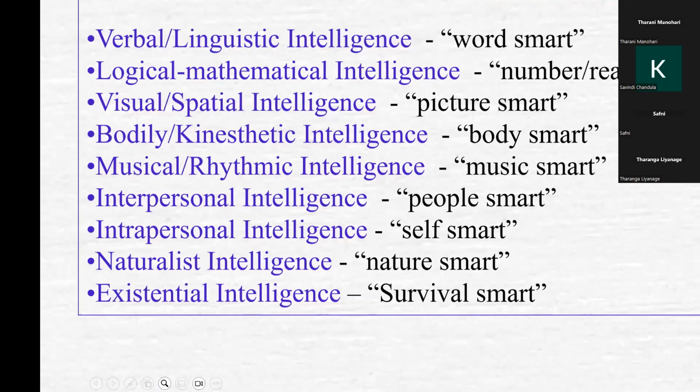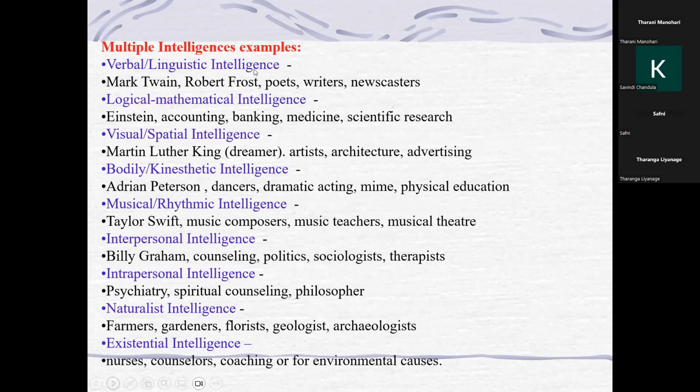So examples, verbal linguistic intelligence, right? Those who can write well, they have the linguistic intelligence. Logical mathematical intelligence, people like Einstein, accountants, scientific researchers. Then the visual or spatial intelligence, right? Artists, architects, advertising people.